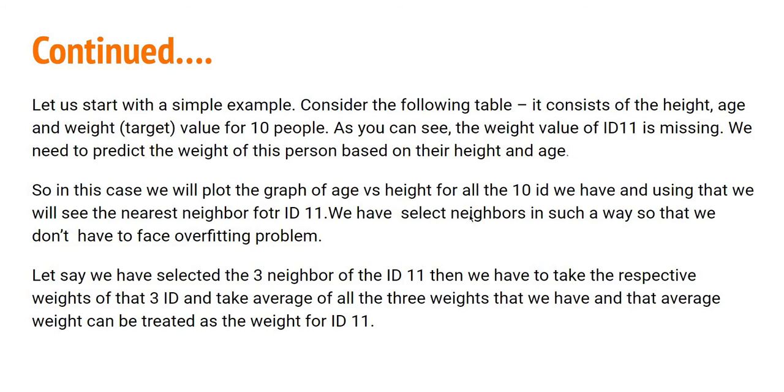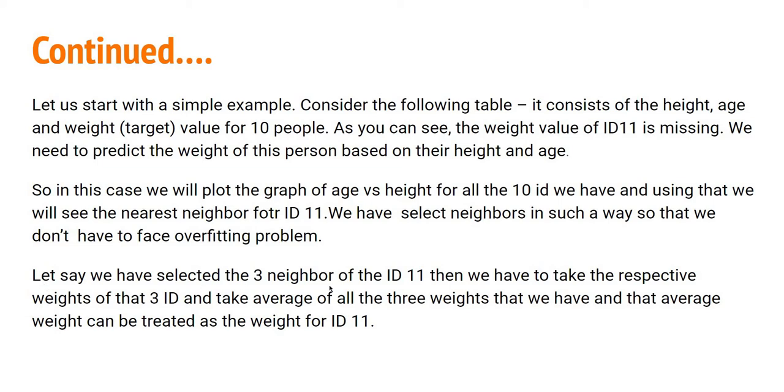We have to select neighbors in such a way that we don't face an overfitting problem. Neighbor means, suppose we have plotted a graph of age versus height, and then we choose the neighbor points with respect to ID 11, and how many neighbors we choose should be such that it does not have the overfitting problem.